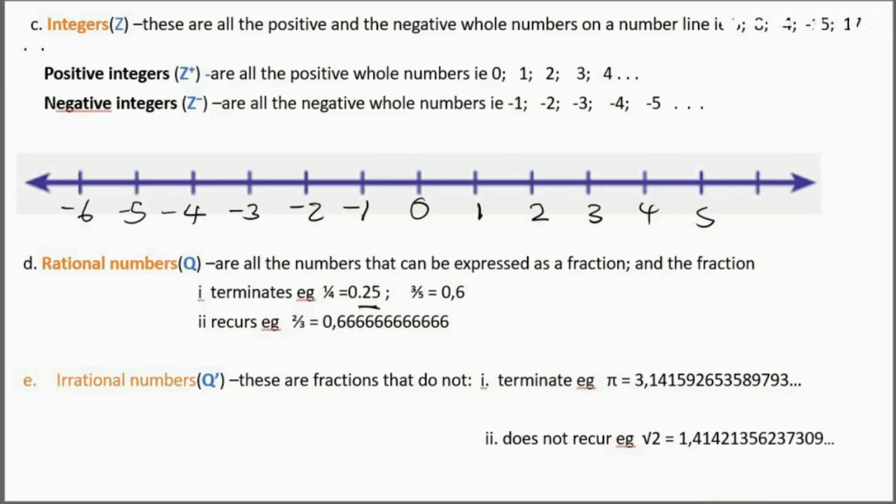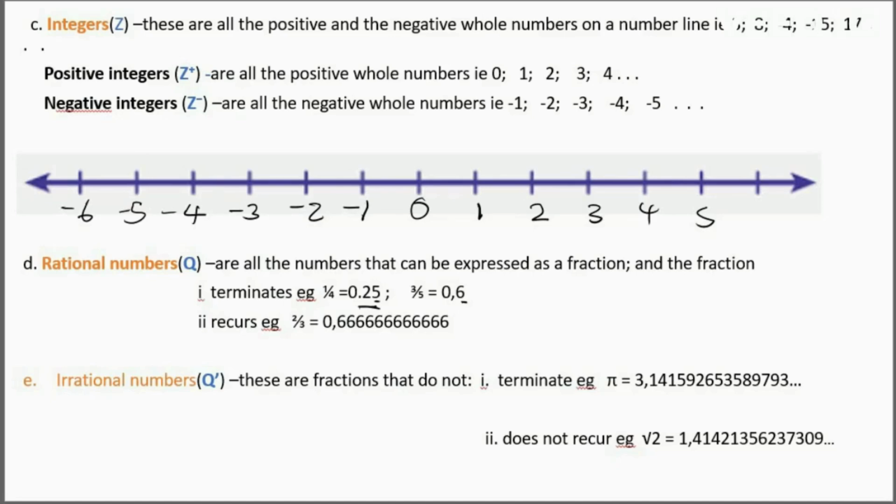So the decimal fraction 0.25 ends at 5. And then the decimal fraction 0.6 ends at 6. So we call this terminating. So a decimal number or a fraction becomes a rational number when it ends.